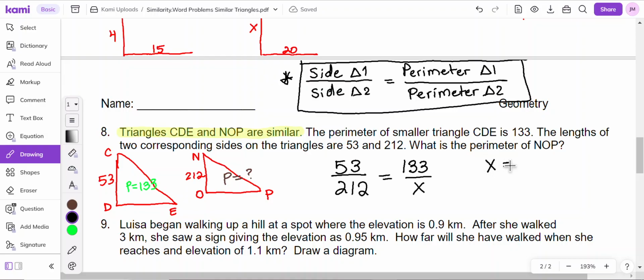All right, what do you guys get for x? 532? The answer is not 532? Oh, it sounded like it wasn't. Oh, scary.